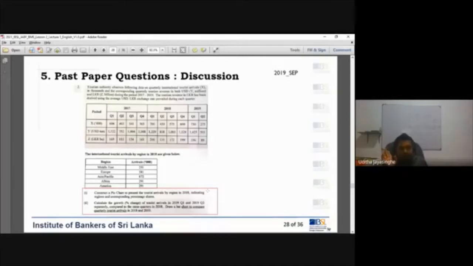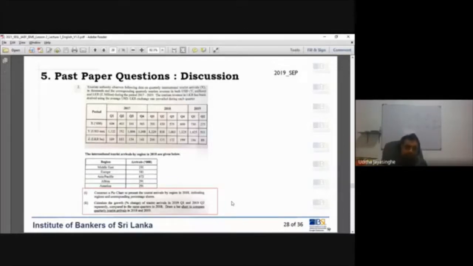Got the answer. Second point: draw a bar chart to compare quarterly tourist arrivals in 2018 and 2019. So it's an absolutely simple exercise. The bar chart that you're going to draw here is sort of adjoining bars. I mean, you can do a component bar chart too, so that's perfectly fine.